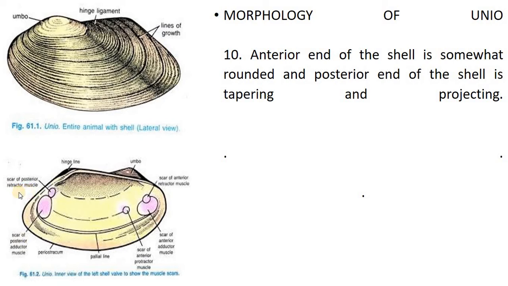So many muscles are there for two reasons: one, the attachment of the shells, by the anterior and posterior adductor muscles; second, the extension and retraction of the foot.